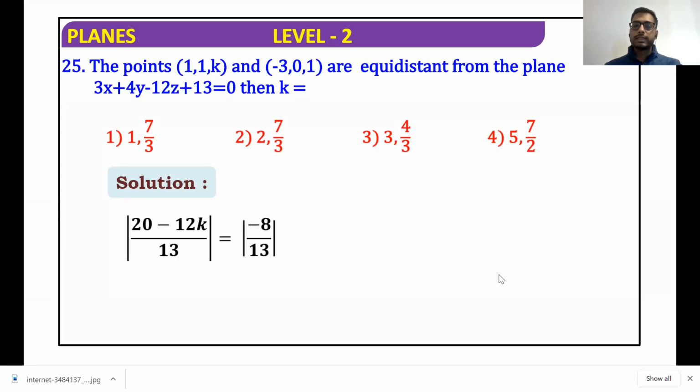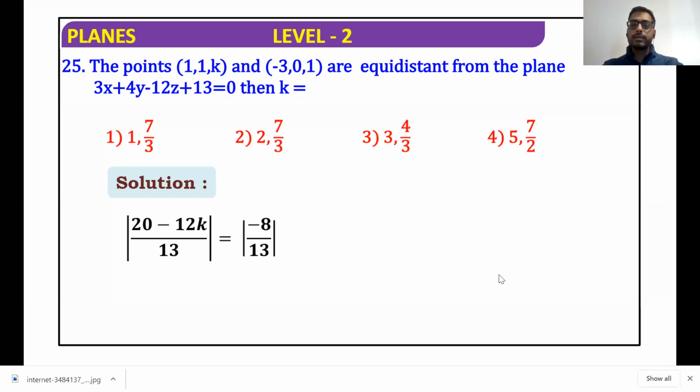Therefore, using distance formula, for the first point, I have used ax1, so 1 into 3, plus by1, that is 4 into 1, plus cz1 upon under root of a square plus b square plus c square. Similarly, for minus 3, 0, 1, minus 3 into 3, minus 9, plus 0 into 4, 0, plus 1 into minus 12, plus 13.